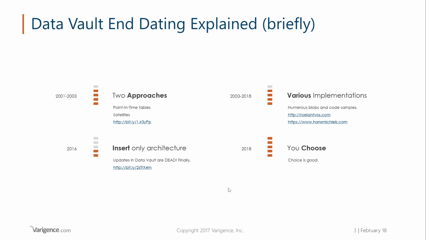At the time, most of the reasoning behind it was to extract the data from satellites using a between statement, because some of the data warehouse software at that time didn't really have good CTE, or common table expression, functions like lead and lag, where you can derive the end date in a SQL query.